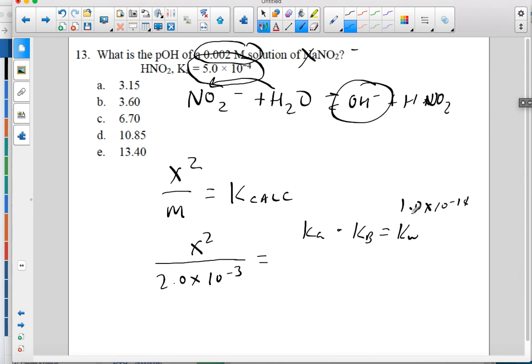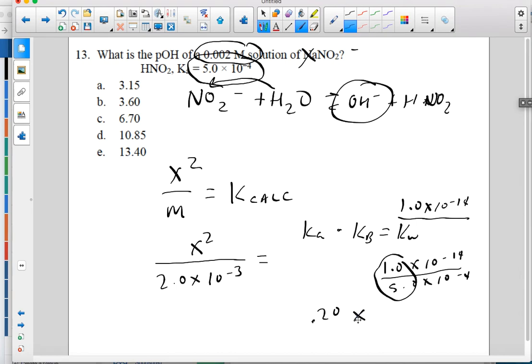That means I have to take 1.0 times 10 to the negative 14th divided by 5.0 times 10 to the negative 4th. Well, 1 divided by 5 is basically 0.20.